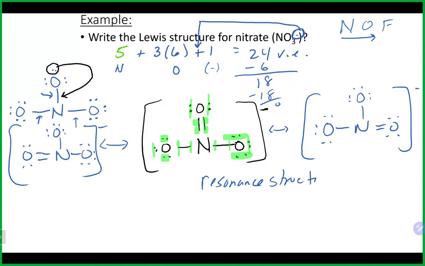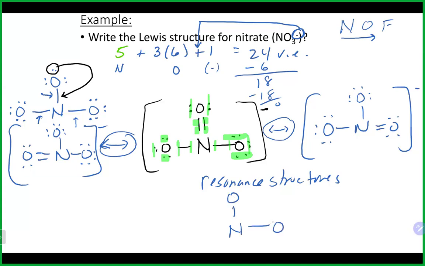And resonance structures basically occur just like we saw here. There was really more than one option where we could have double bonded. And where you have more than one option of where you could have double bonded, you could draw another Lewis structure for that. And that's usually where we see these arrows for resonance structures between them. The truth is, as I mentioned before, those double bond electrons in this case are delocalized.